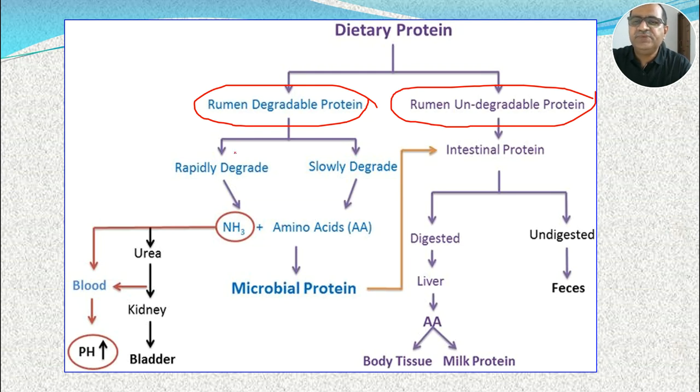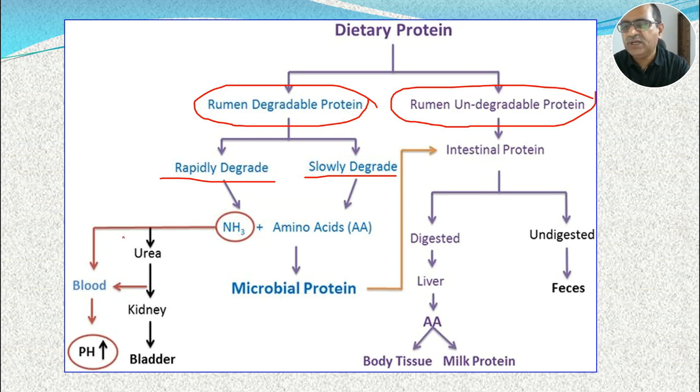Among the rumen degradable proteins, some proteins degrade rapidly in the rumen, and some degrade slowly in the rumen. The rapidly degrading proteins are converted to ammonia.